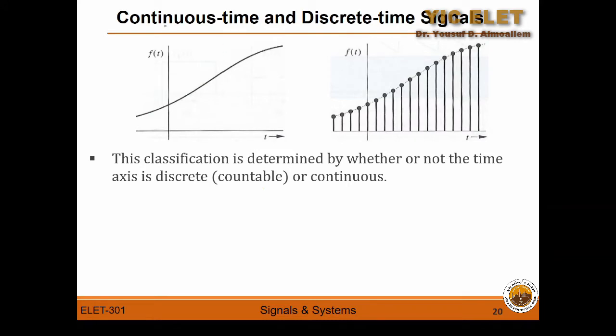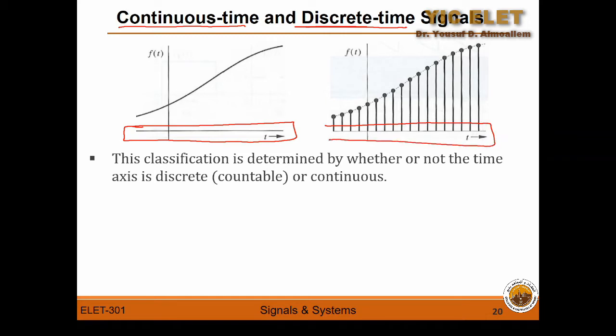Starting with the first aspect of classification of signals, continuous time versus discrete time. Now we are talking about the horizontal axis, whether it is time or space or any other type of independent variable. This classification is determined by whether or not the time axis is discrete, meaning countable, or uncountable.